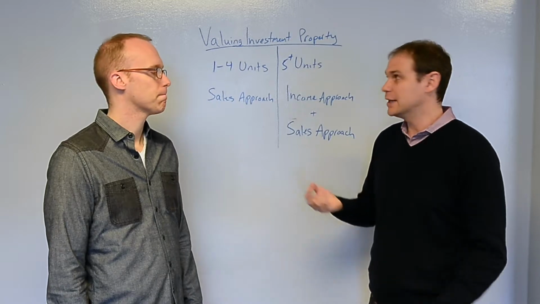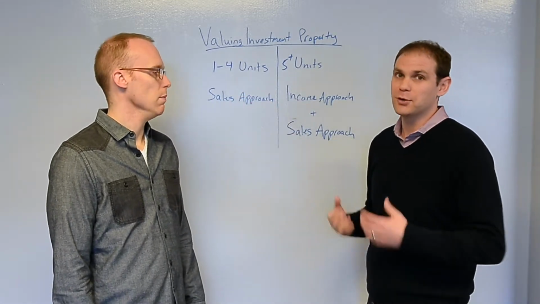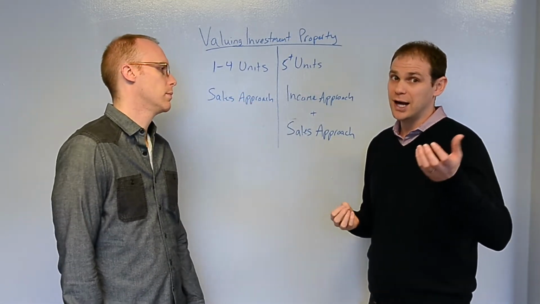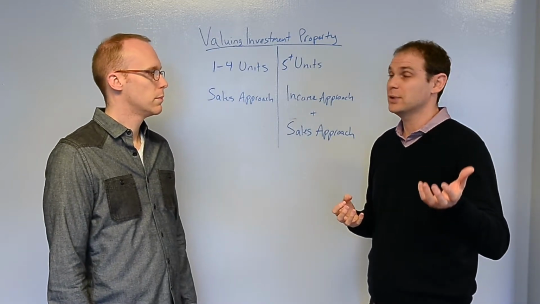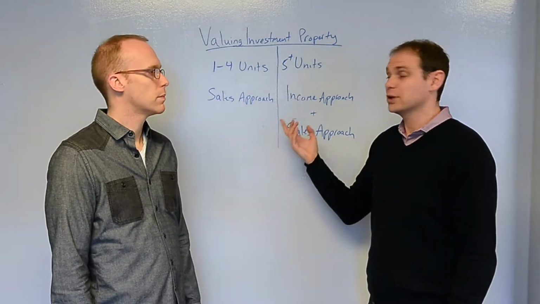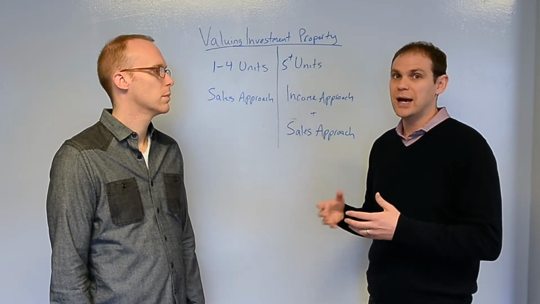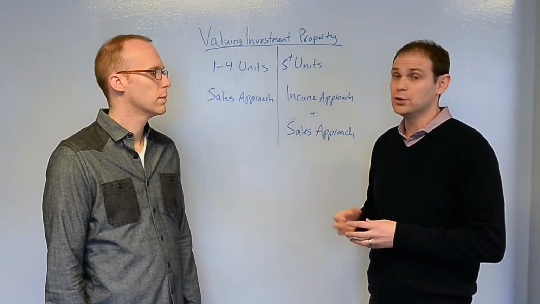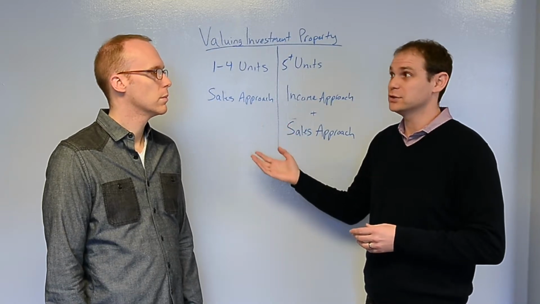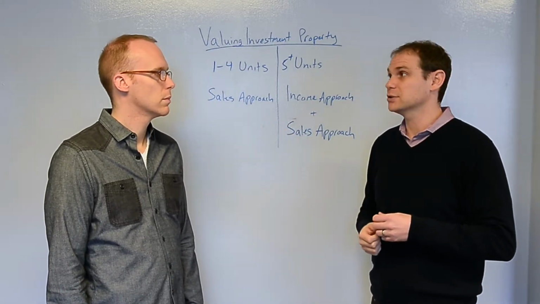If you're looking at a 1 to 4 unit residential property, you're looking at comps either on the purchase side to determine an as-is value, or you're looking at comps on the ARV side, depending on the level of rehab and the types of finishes you're going to use, which is what our appraisers use when they're doing the residential appraisals.